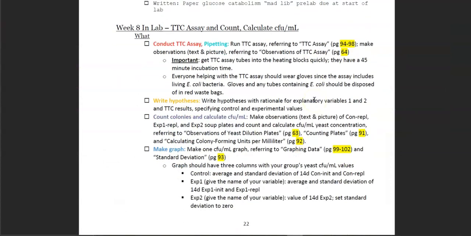When you get to lab, you're going to do the quiz like usual, and then you will set up the TTC assay. Okay, very, very important. The TTC assay, because it requires the metabolism of the E. coli, takes 45 minutes to sit there and do the thing in the little heat block, which is like a tiny incubator. And so, especially if you are in the morning lab, you have to hustle.